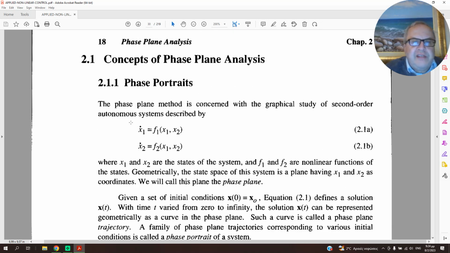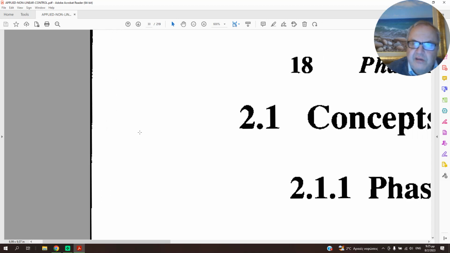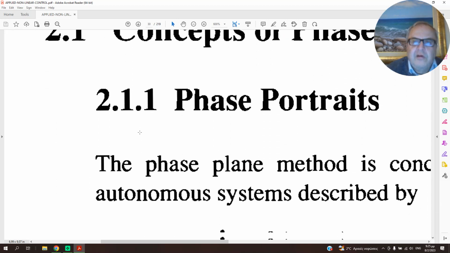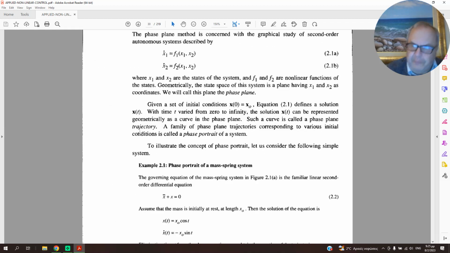You have here the system of your equations. The system of your equations is this. Equilibrium singular points are points where x1 dot is equal to 0 and x2 dot is equal to 0.